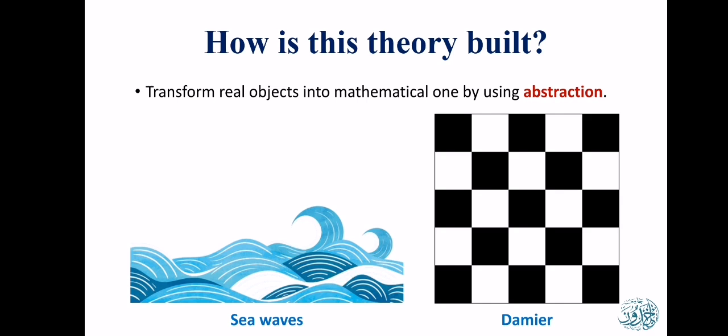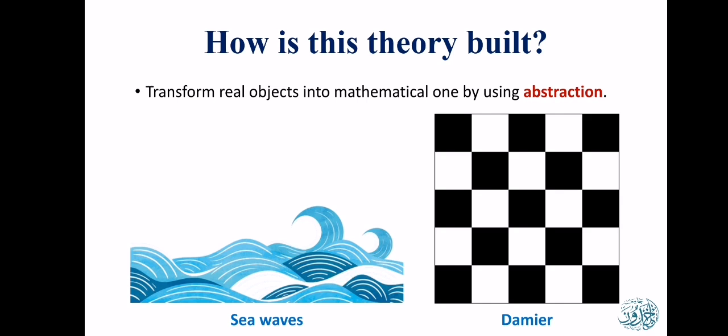Now, the question is, how is this theory built? The short answer is that this theory is built upon a dense and highly abstract mathematical framework. We use mathematics because it allows us to do abstraction, and abstraction means the transformation of real objects into mathematical objects.